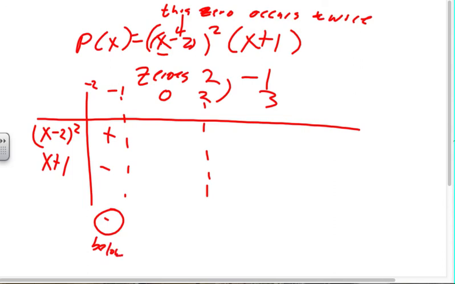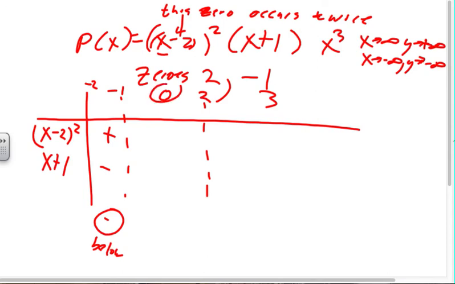Okay, now x squared times x from this one will give you an x cubed term. And x cubed you should recognize as x goes to infinity, y goes to infinity. I'm looking at end behavior here. That means x goes to negative infinity, y goes to negative infinity. Okay, so now I'm going to come back down here.